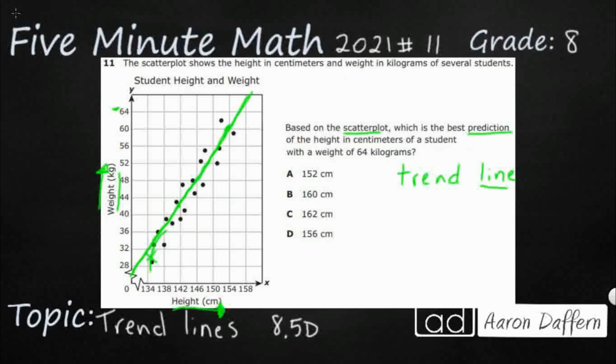All right, so it's not exactly in between all of these lines, but it's as close as I can probably get here. And so let's see what my prediction for 64 is. So it looks like it's right in between. There's 154, there's 158. So I'm guessing mine looks like it's just a hair past the middle.